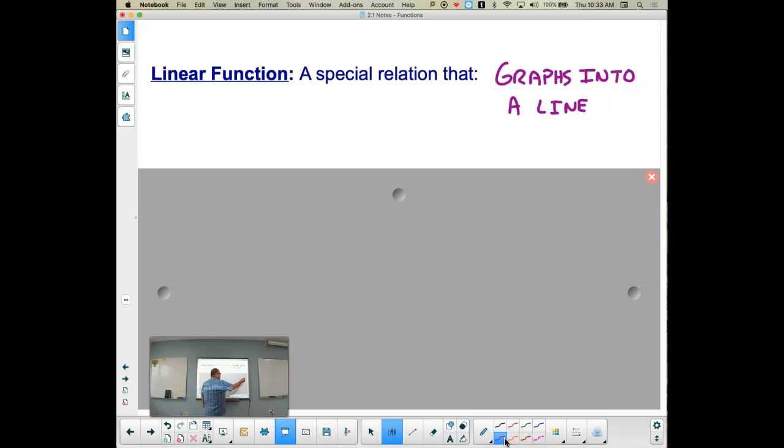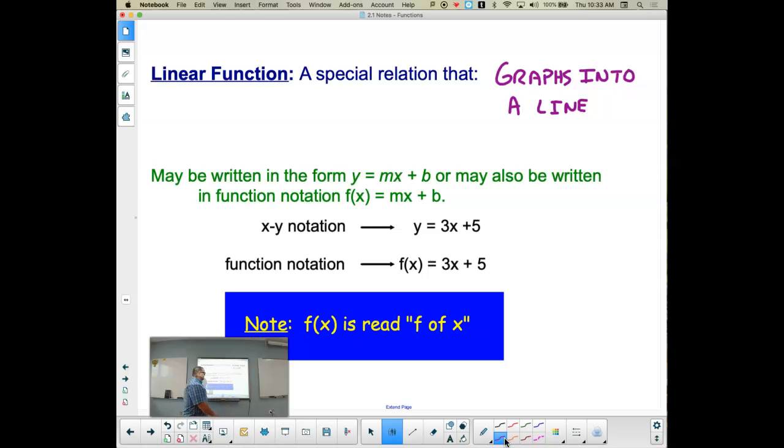So you normally have them as y equals mx plus b, where m is the slope and b is your y-intercept. Well, now in function notation, we change the y into f of x. Okay? If we write it as y equals mx plus b, that's just kind of regular old notation.